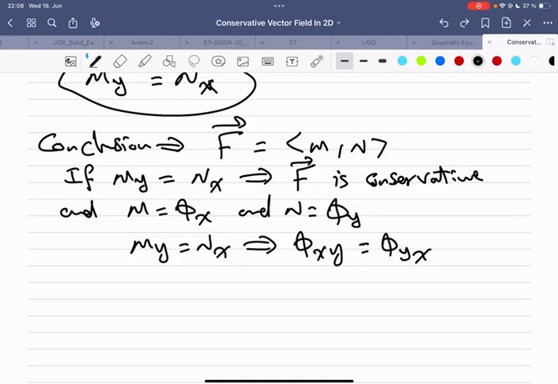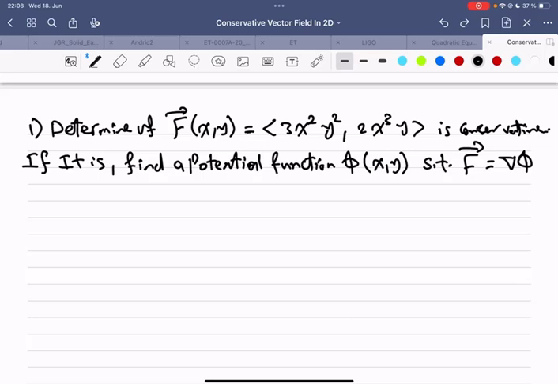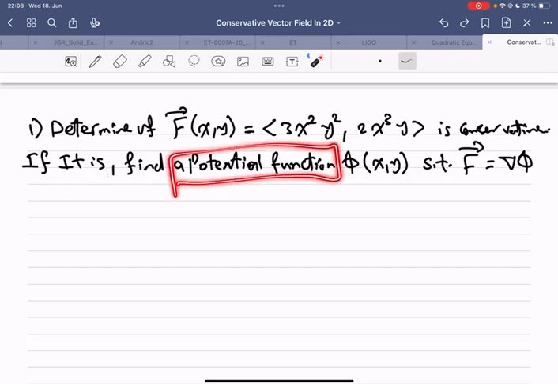But now let's take an example. First example is determine if F(x,y) equals 3x squared y squared and 2x to the power 3 y is conservative. And if it is conservative, find a potential function phi(x,y) such that F equals gradient phi.